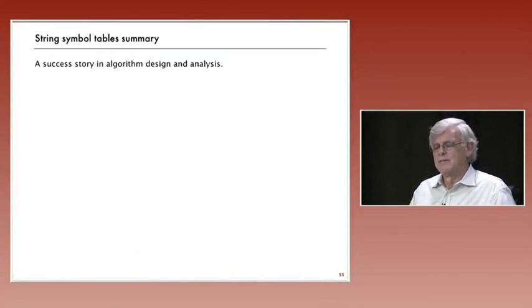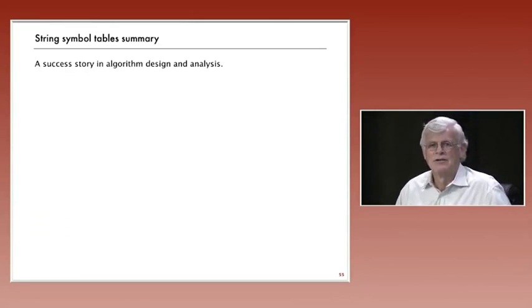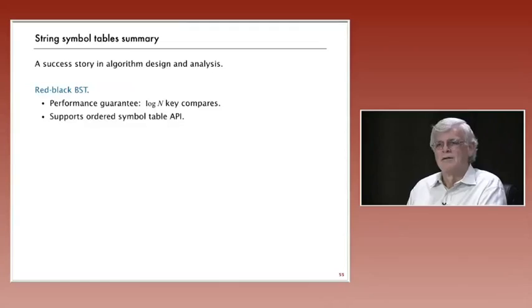So I think the bottom line for considering string search trees is that it's a real success story in algorithm design and analysis. It's a number of clever algorithms that really have made a difference in the kinds of operations that we can perform, in the amount of data that we can handle in modern applications.